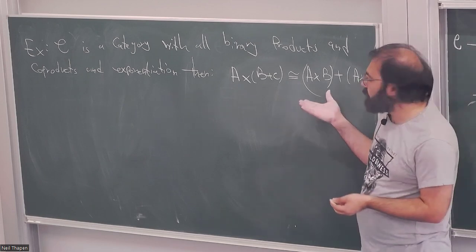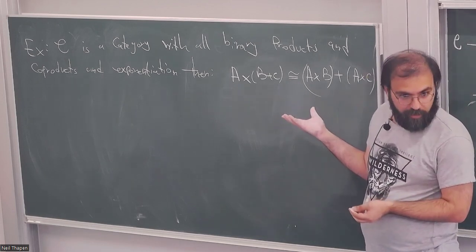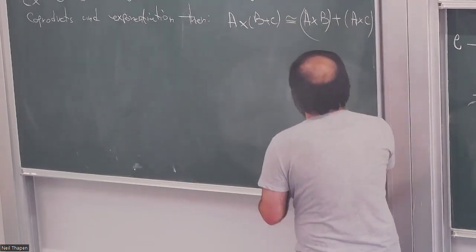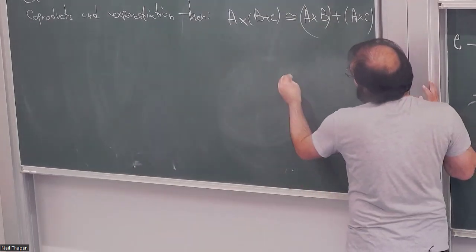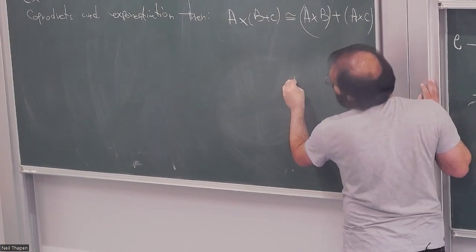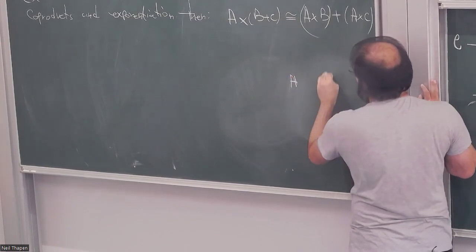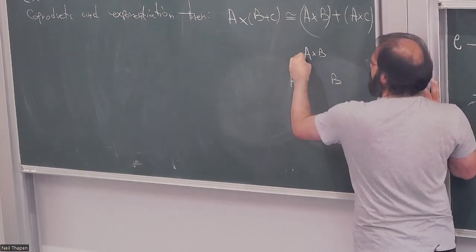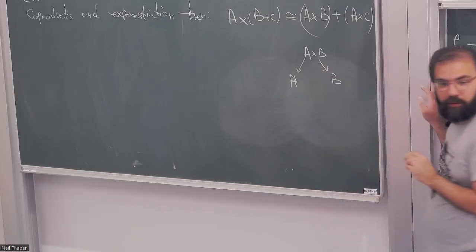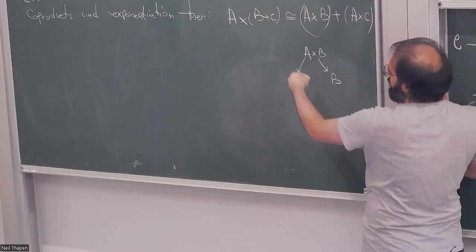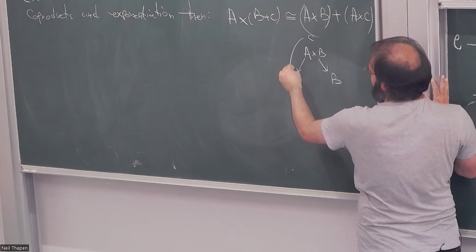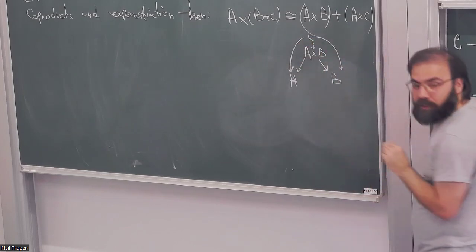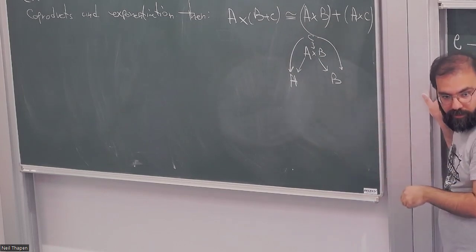So how to prove that? Of course, I have to come up with something. So what is a product? If you have two elements, say A and B, then the product is one object together with two morphisms, such that it is the best, meaning that if I have another C with another two morphisms, then there is a unique morphism from C to the pair such that everything commutes.